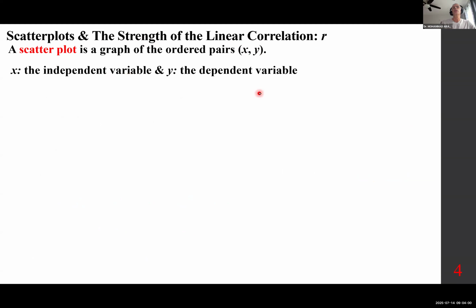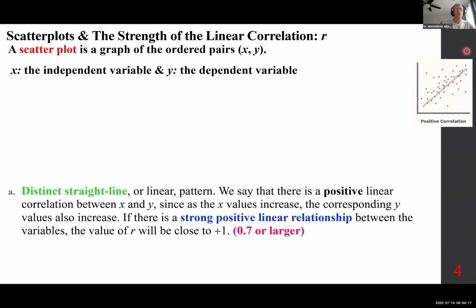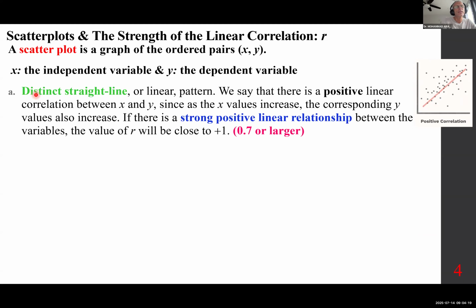There are many points, as you can see here. And you try to draw a line, if possible, in this case with a positive slope. It's a distinct straight line or linear pattern. We say that there is a positive linear correlation between x and y, since as the x value increases, the corresponding y value also increases.